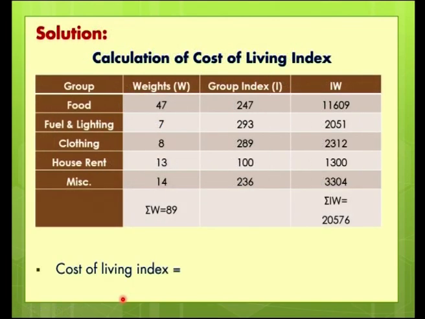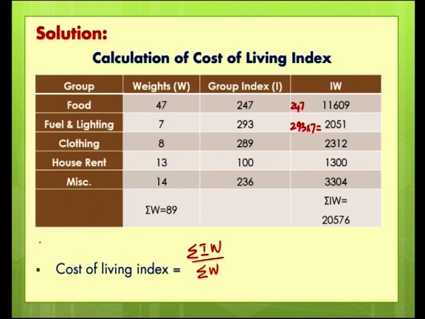According to the cost of living index number, the formula is summation IW, that is group index number into weight, divided by summation W. So, the cost of living index number is given by the formula summation IW by summation W. Weights are represented by W and group index numbers are represented by I. Therefore, we have to calculate IW.